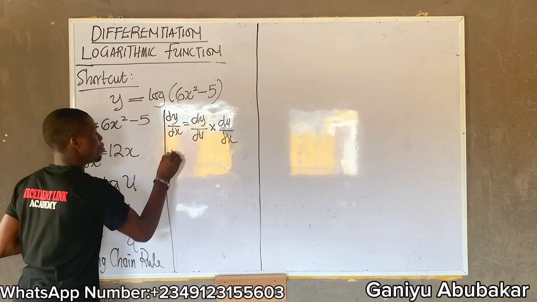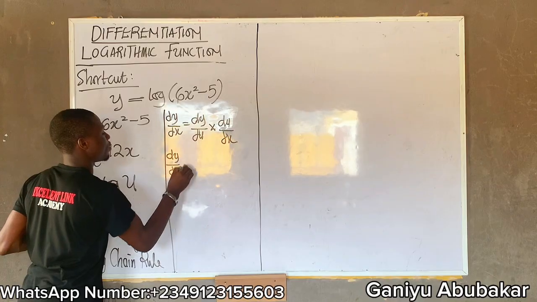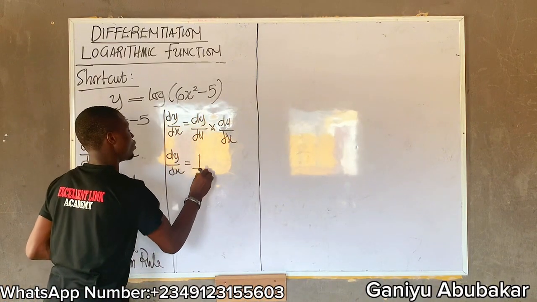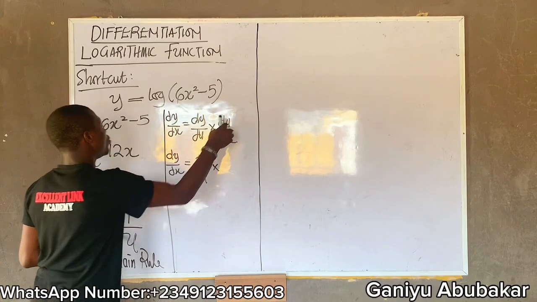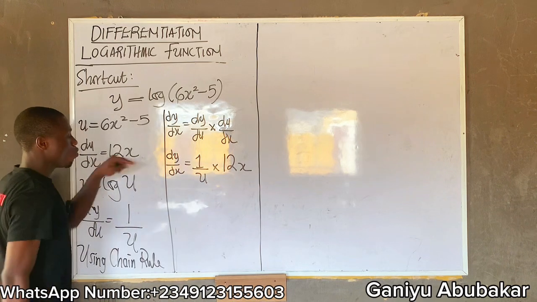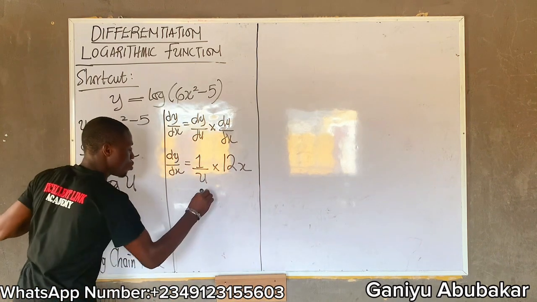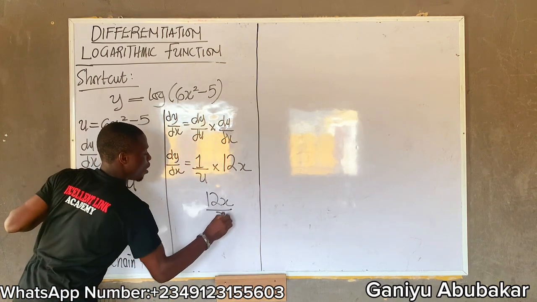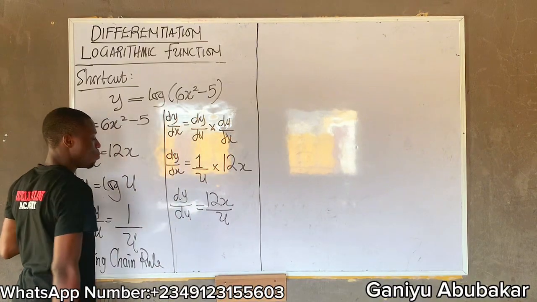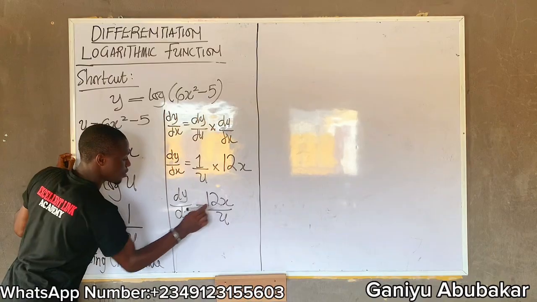From here now, dy over dx is equal to dy over du, which is 1 over u, times du over dx, which is 12x. So I have 12x here. 1 times 12x is of course 12x over u as the dy over dx.